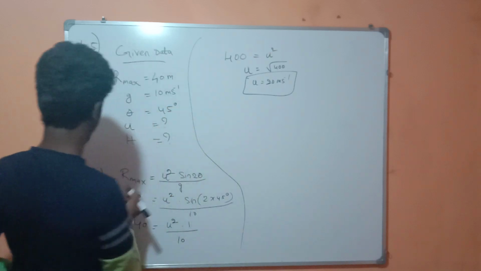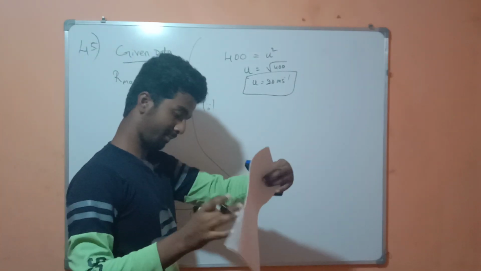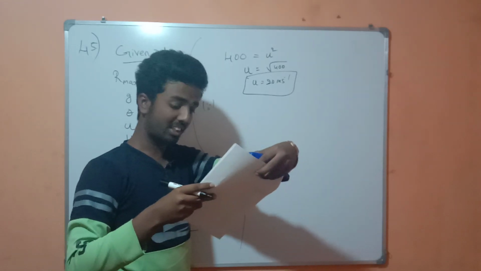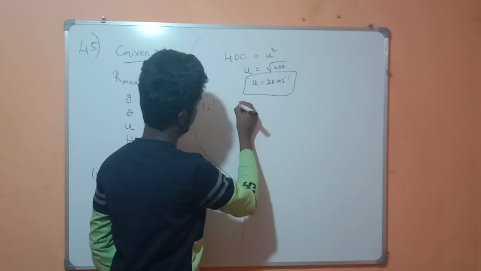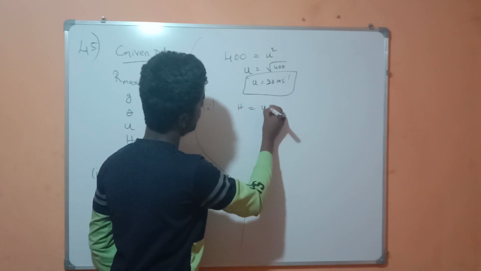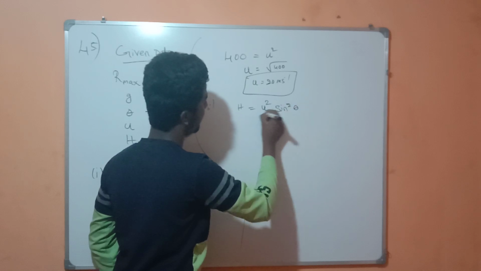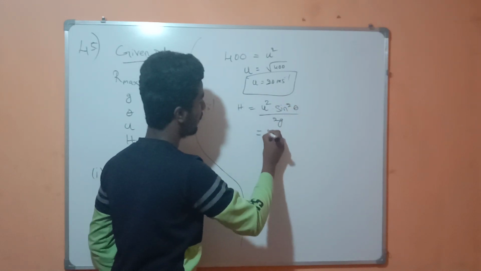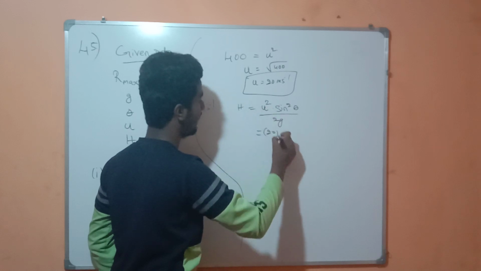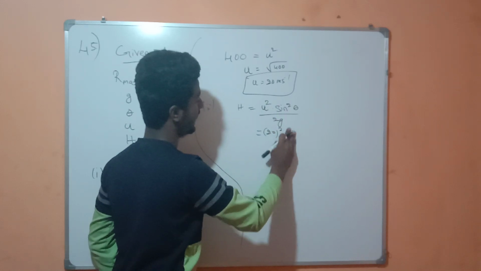Let me find the second part of the question. What have they asked? The maximum height reached by the projectile. Maximum height H is equal to U squared sin squared theta divided by 2G. What is the value of U? We got 20, squared, into sin squared theta.